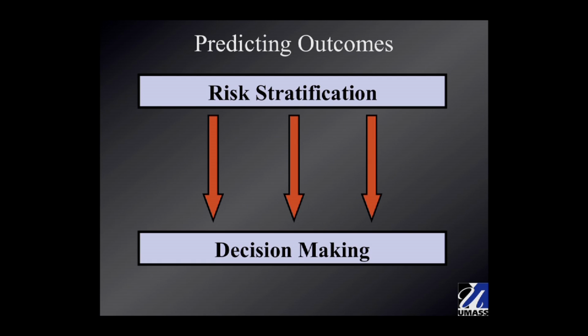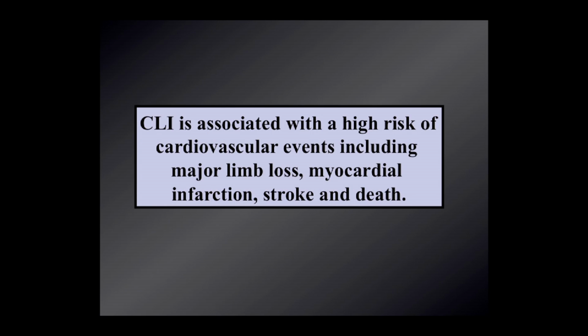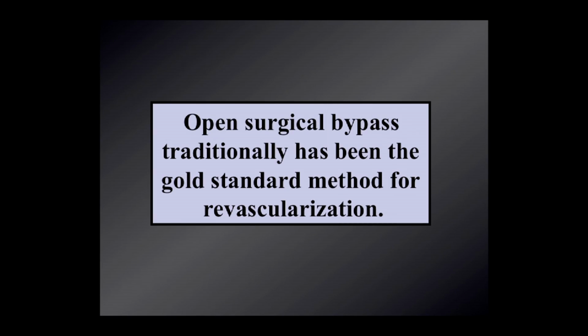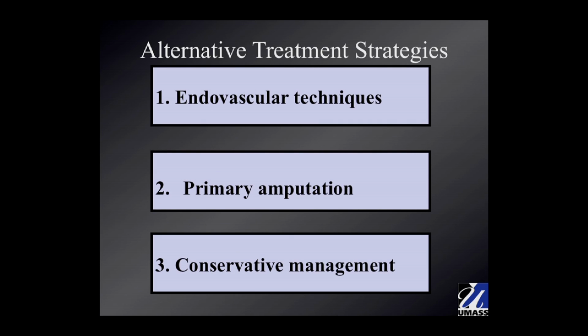So I think most would agree that critical limb ischemia is associated with a very high risk of cardiovascular events that include major limb loss, myocardial infarction, stroke, and death. And you heard debates today talking about the different treatment strategy, and while open surgical bypass traditionally has been the gold standard method for revascularization, there are numerous alternative treatment strategies that have evolved and are beginning to play more and more prominent roles.